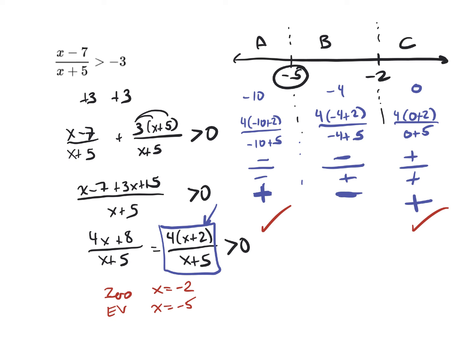So there's no equal to. So if there's no equal to, everything is just parentheses. So negative infinity to negative 5, union negative 2 to infinity. So that's just a quick little look at how we solve rational and polynomial inequalities. Obviously, if you have questions after you watch this, please let me know.